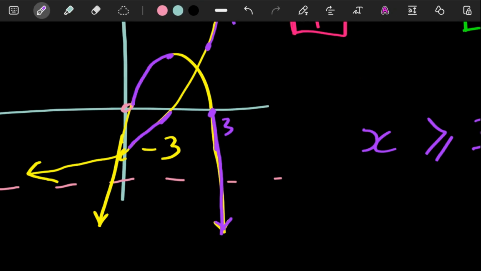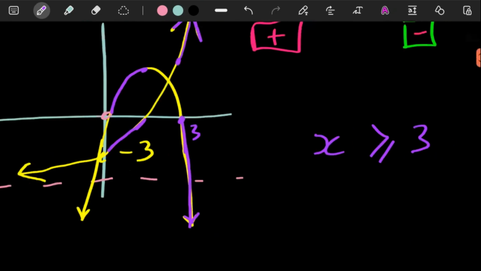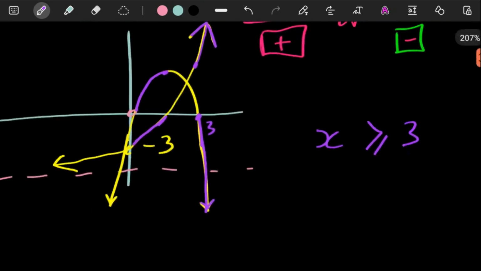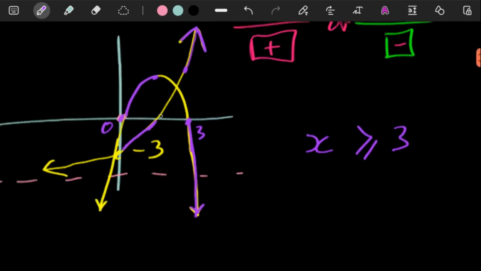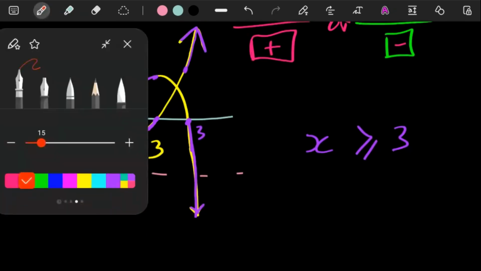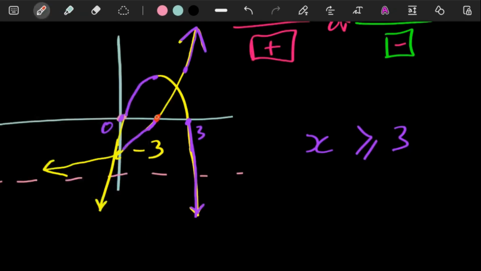That's a portion of our sketch that qualifies, because anything below that doesn't exactly qualify, as this has negative y values while the other one also has negative y values. So this portion here qualifies. We need to know what this x value is specifically, this x value here.